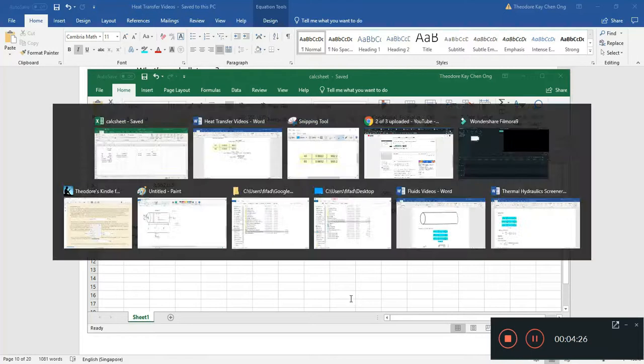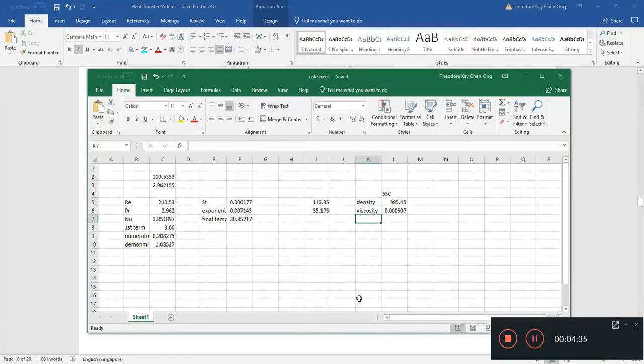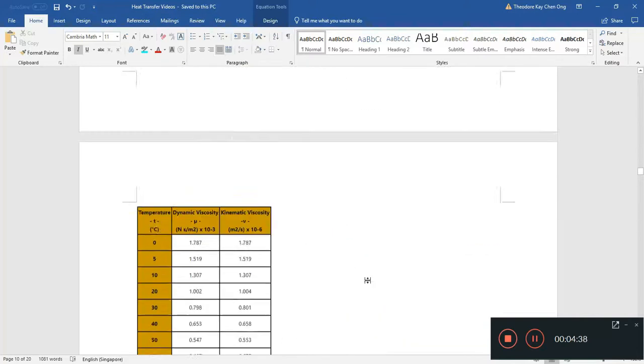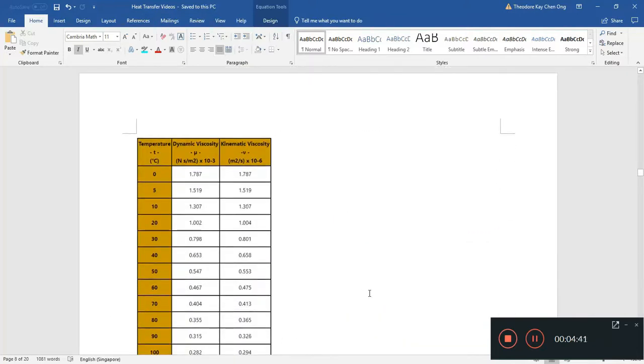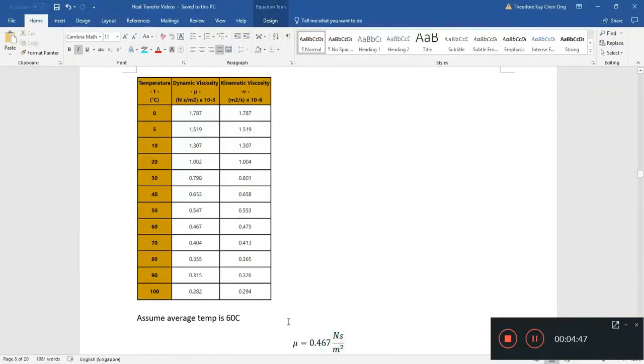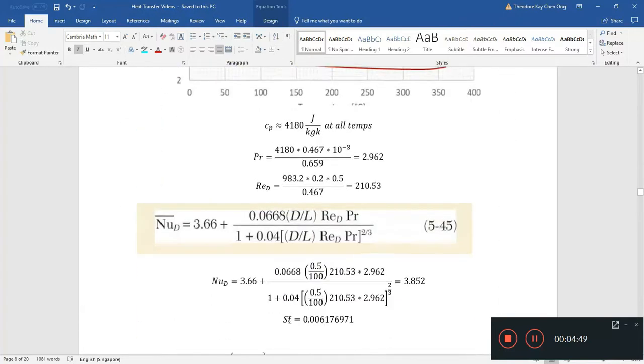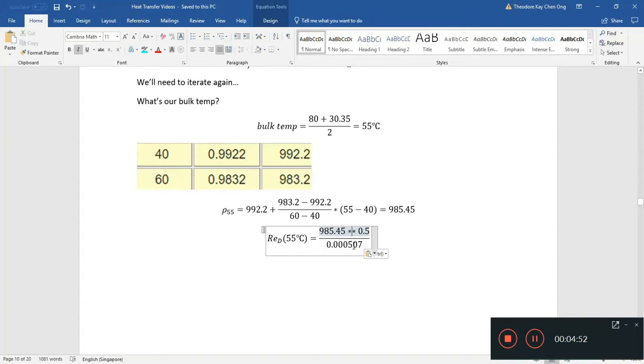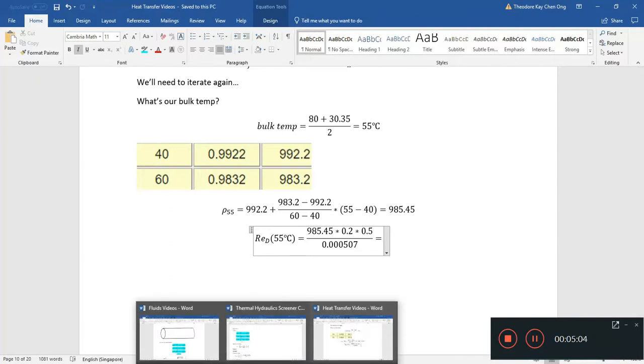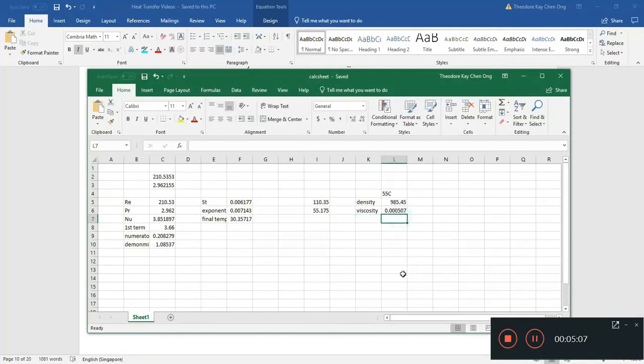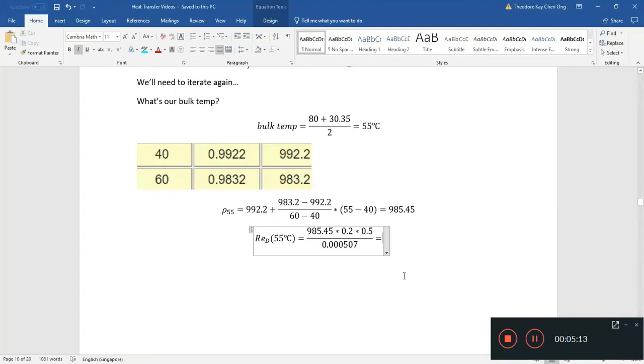Rho V D over mu. Let's check that number again.